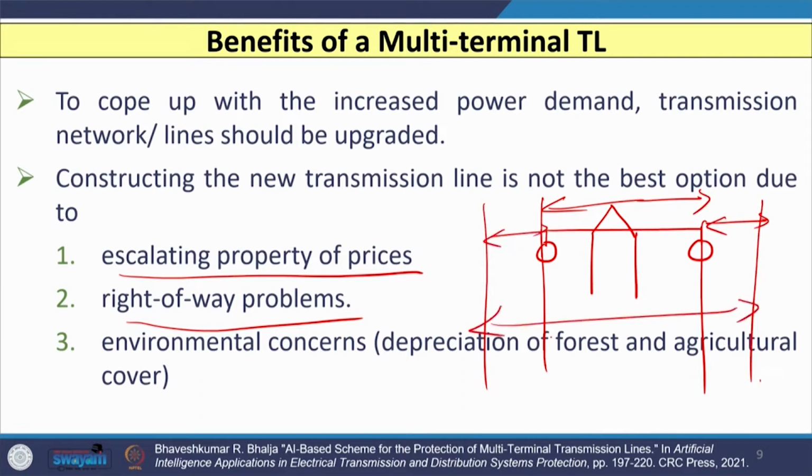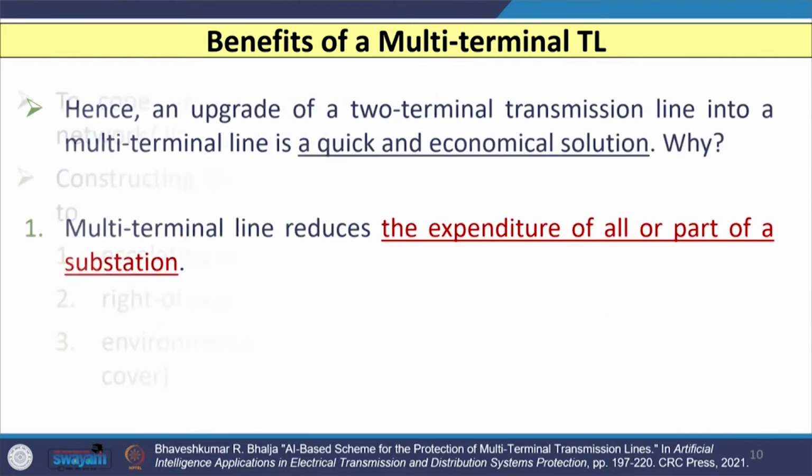So, this much space or right of way is required for every transmission tower, and if your transmission tower is passing through the forest or maybe some agriculture land, then this much space has no use. This is for one tower, the same concept is applicable for all the towers. The third is the environmental concerns because of the depreciation of the forest and agriculture cover. So, construction of a new transmission line is not the best option.